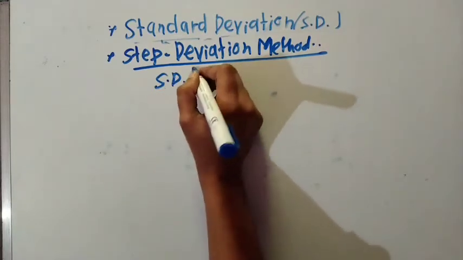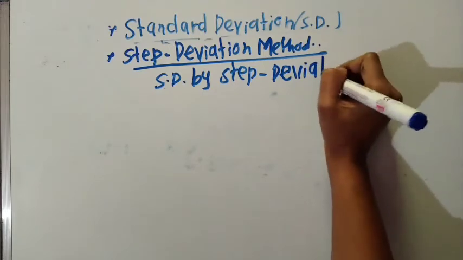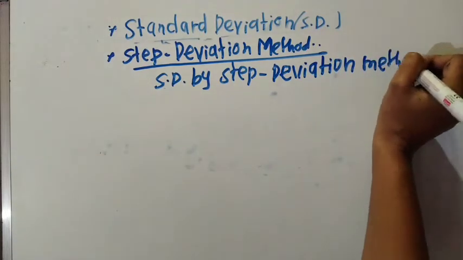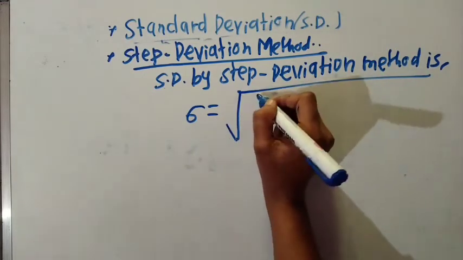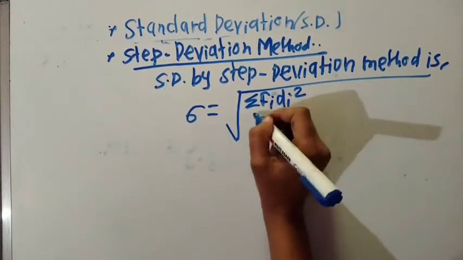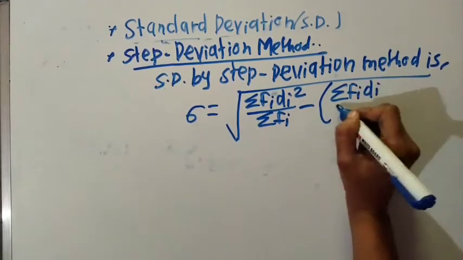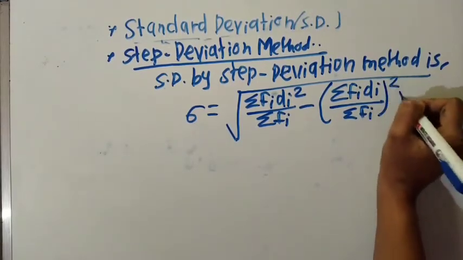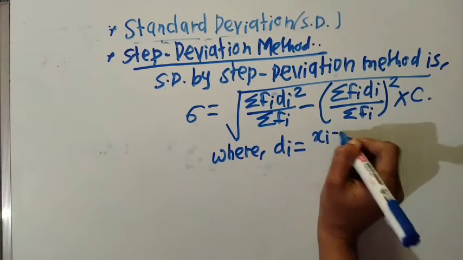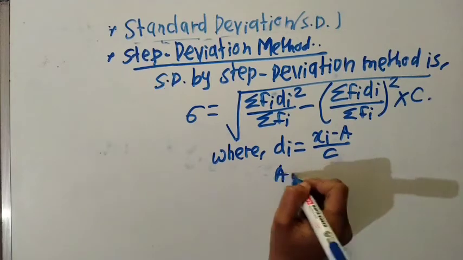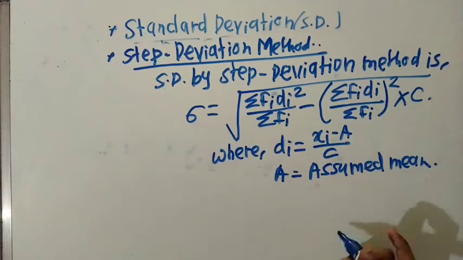Standard deviation by the step deviation method is given by sigma is equal to the root of summation of fi di square upon summation of fi minus (summation of fi di upon summation of fi) square, into c, where di is equal to (xi minus a) upon c, and a is the assumed mean.